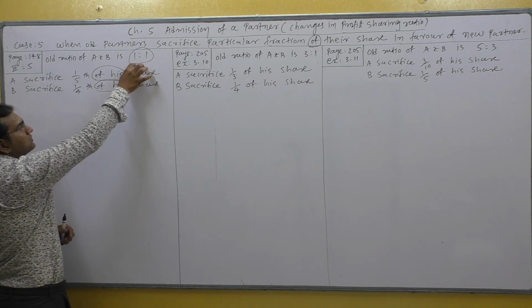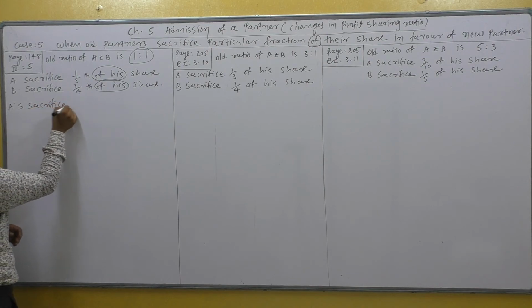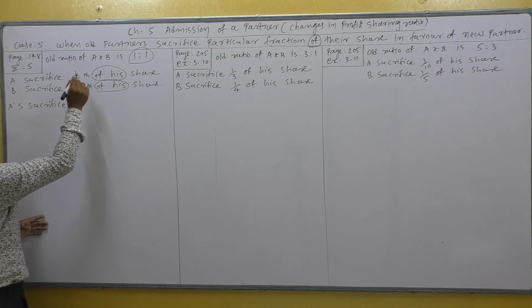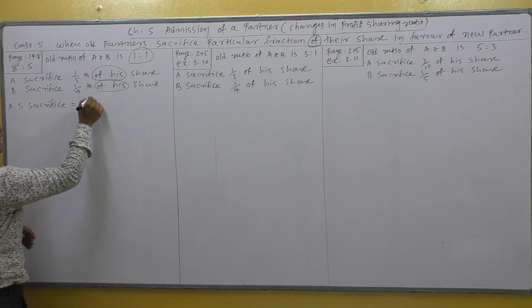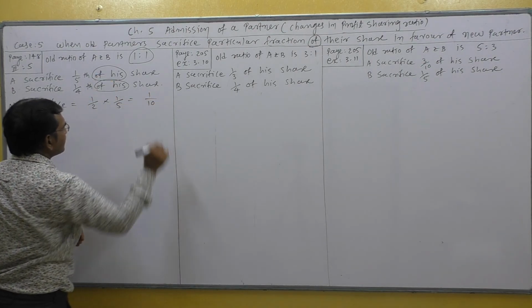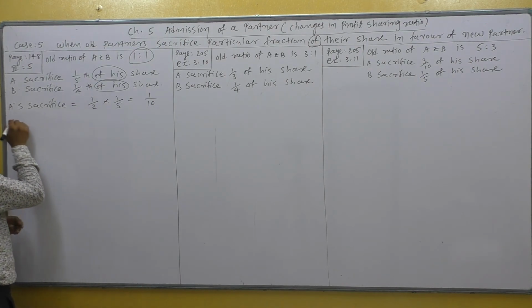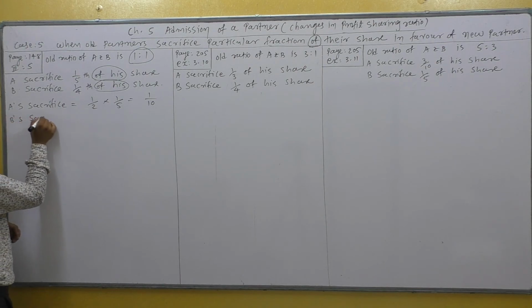1:1, that is 1/2. So here A's sacrifice is equal to 1/5 of his share. His share is 1/2 into 1/5, that is 1/10. I understand? Same thing B sacrifice.